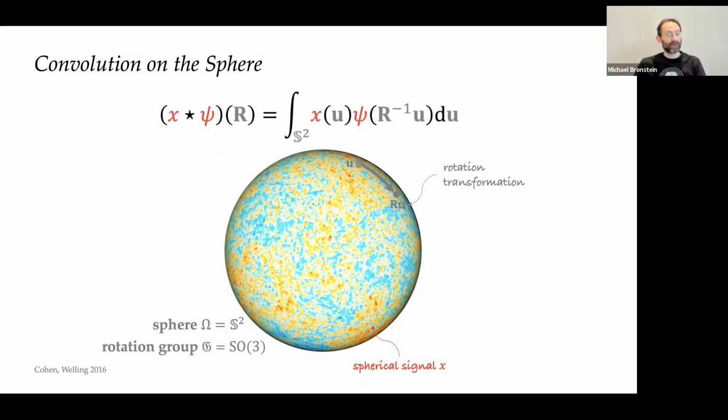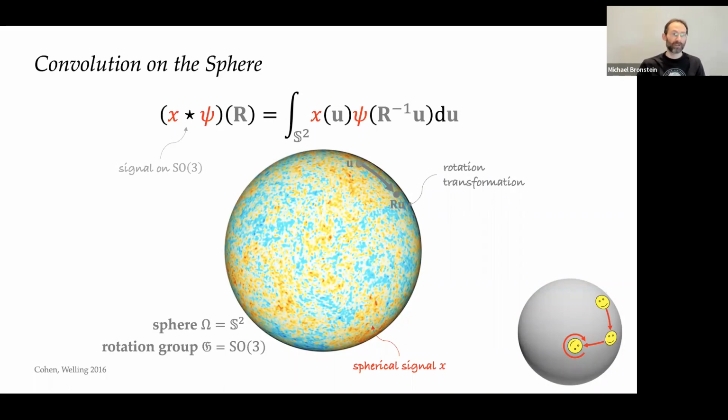Now, basically, in order to compute this convolution, we just need to run the filter across the image for every possible element of the group. But this group, actually the SO3, it has a different structure from the original domain. So if the sphere is a two-dimensional manifold, SO3 is a Lie group, so it has a manifold structure, and it is a three-dimensional manifold.